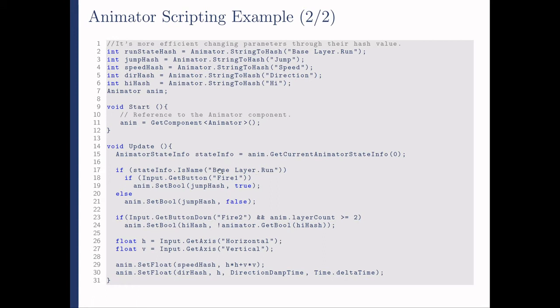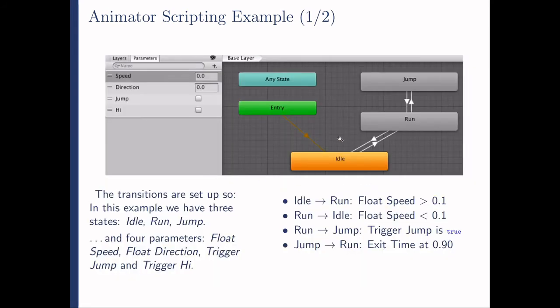Then you can check, for instance, if you are in a state called run and the input Fire1 is pressed, the button is pressed, then you just use this function called SetBool. This jump hash is set to true, right? That is what is going to make it so that if you are running, it modifies this parameter, this transition, so it is going to move from this state to this state further down.